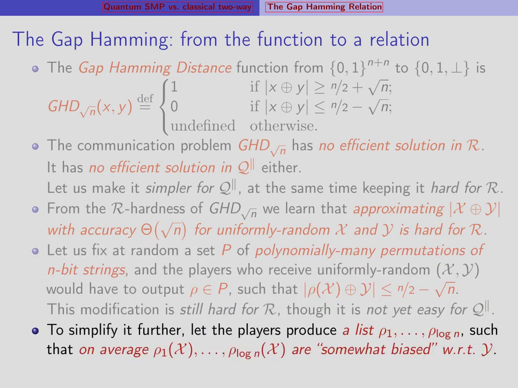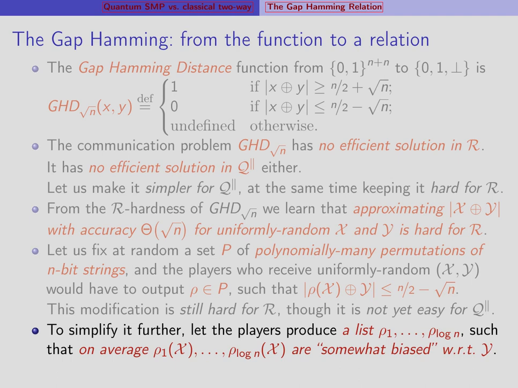To simplify it even further, we let our players produce a list of log n permutations from the predefined set of polynomially many possibilities, such that on average the images of x with respect to those log n produced permutations should be somewhat biased with respect to y.